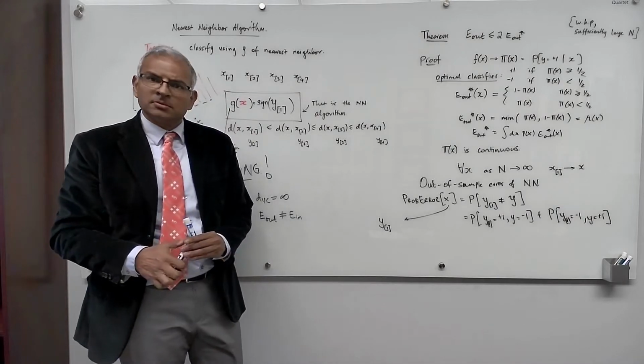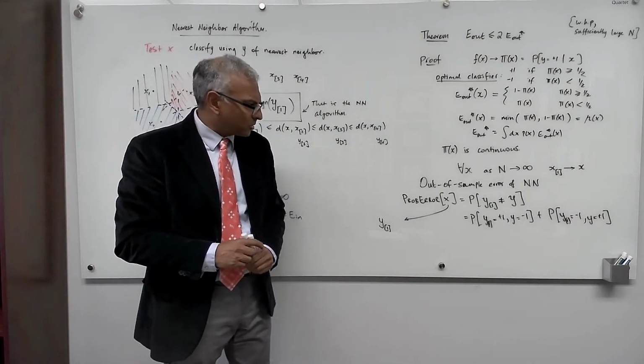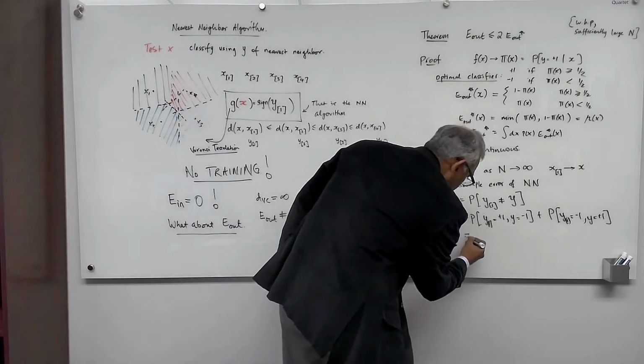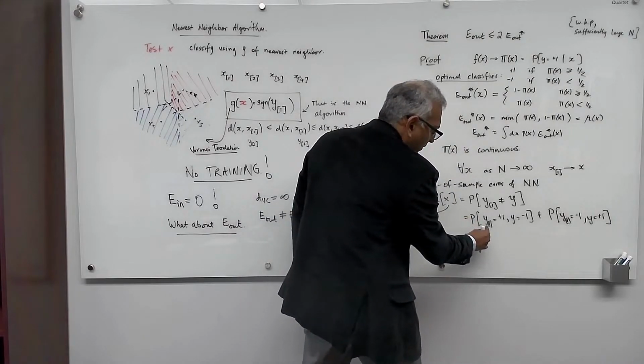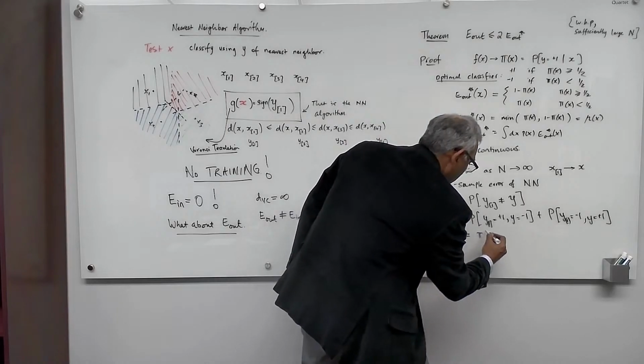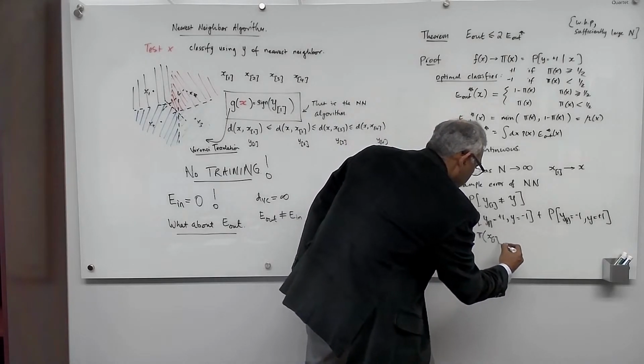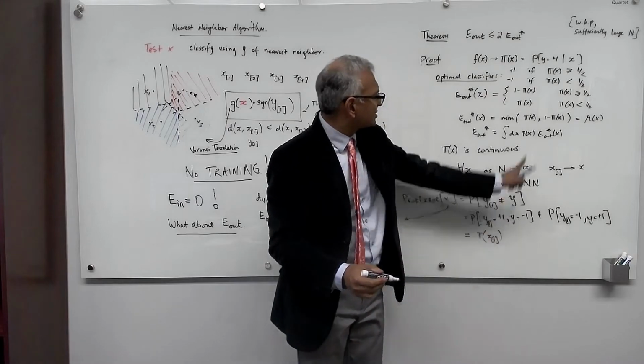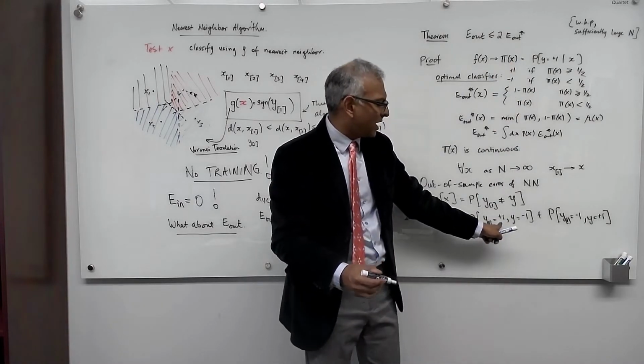That's just the law of total probability, and this is equal to the probability that Y1 equals plus 1, which is pi of X1, because pi of X in general is the probability that Y is equal to plus 1.